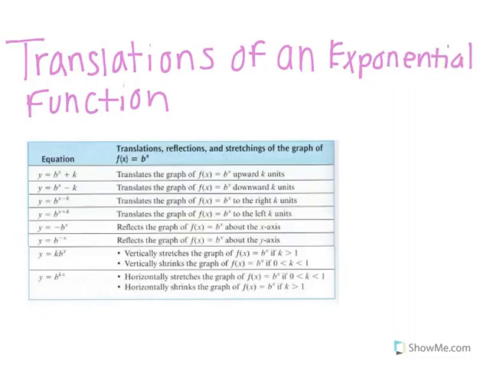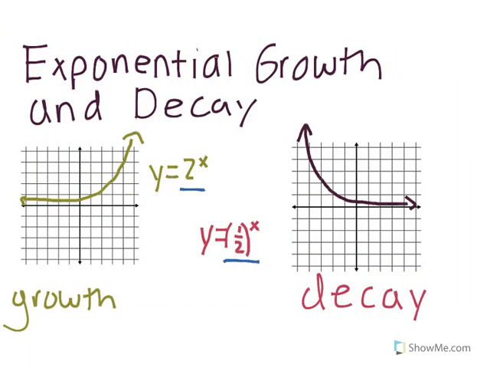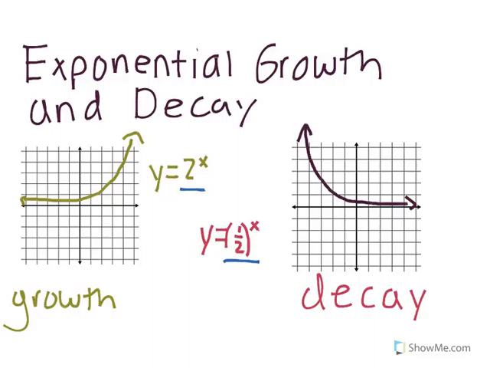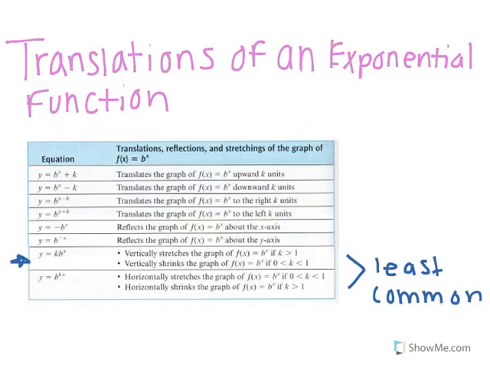Okay, I feel like these will be the least commonly asked, and these bottom two translations are what I talked about here. At least this one is. I already talked about it in the previous slide: it'll shrink if it's less than 1, and it'll grow if it's greater than 1.